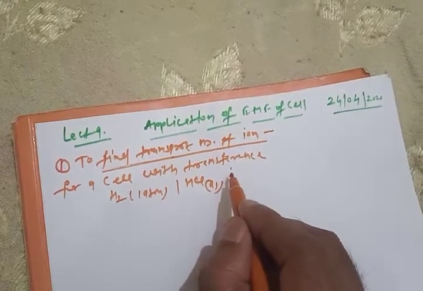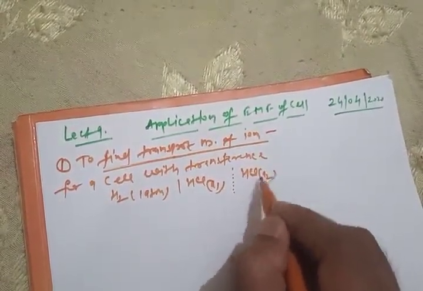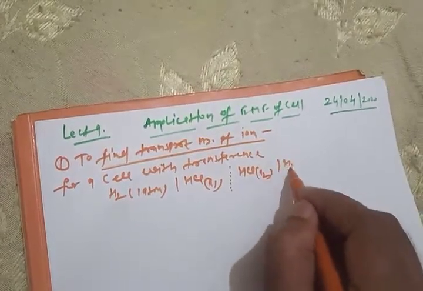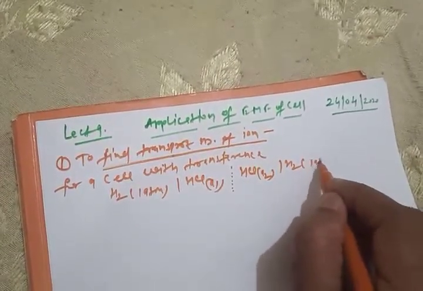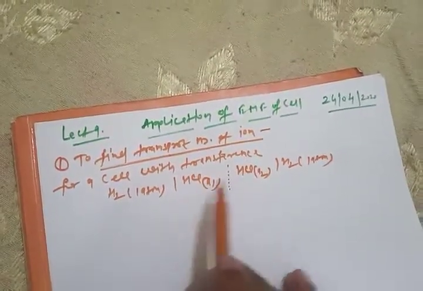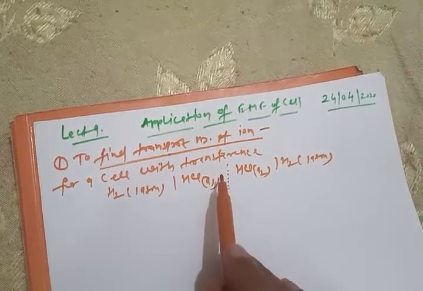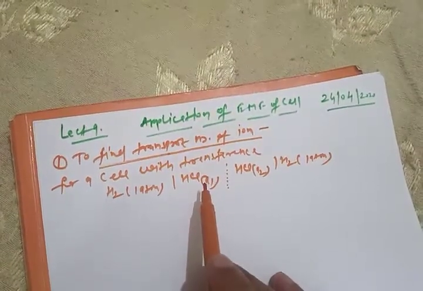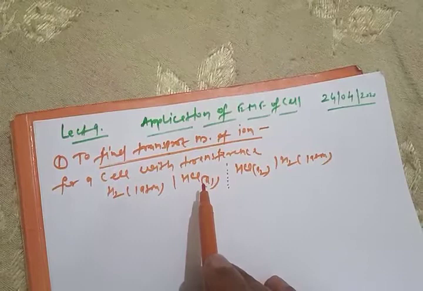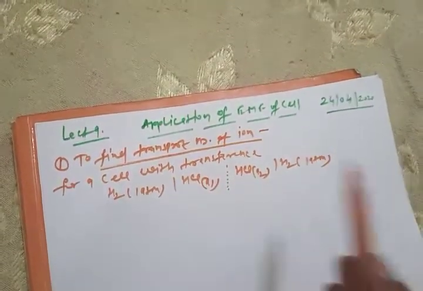This is not a salt bridge, this is the semi-permeable membrane. And HCl A2 with hydrogen at 1 atmospheric pressure. Here the two concentrations are different, so it is an electrolyte concentration cell, and this semi-permeable membrane indicates that it is a transference cell. So it is basically an example of an electrolyte concentration cell with transference.